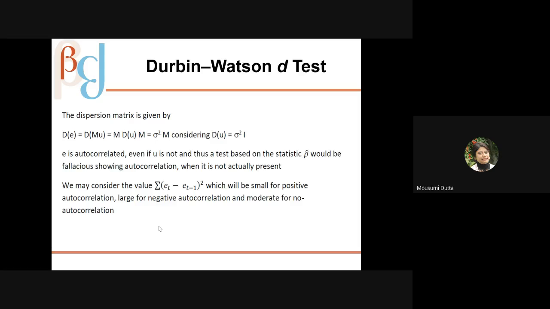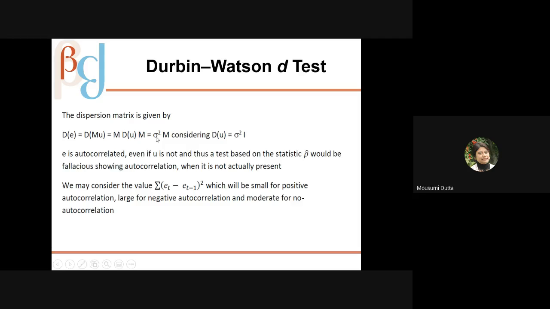So I can write this as M, dispersion of u, into M. Whenever you consider the variance covariance, you need to consider the square term. Generally, what we do, we consider the transpose here: M D(u) M transpose. Now, for the idempotent matrix, M transpose is equal to M, so you can write M. Again, M square is equal to M.